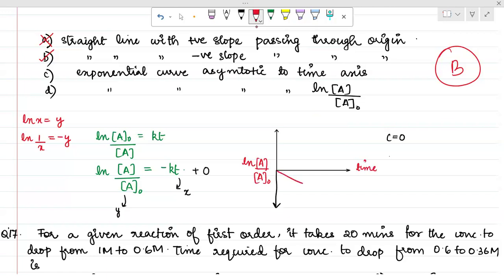We need to have a straight line with a negative slope. What is the slope? Minus k. And what is the intercept? C is equal to 0. So this is how the graph will look like. And the correct answer is option B, not A.